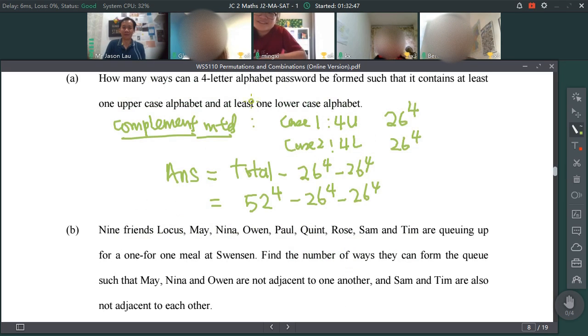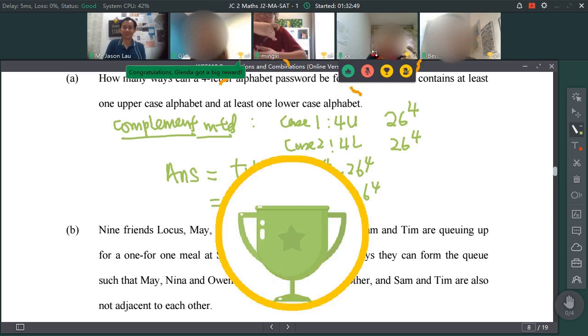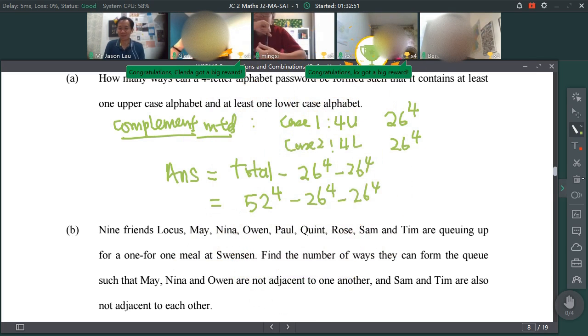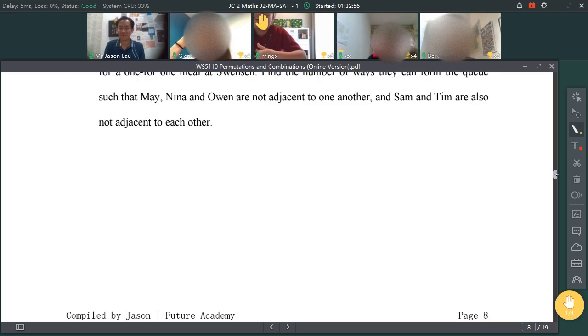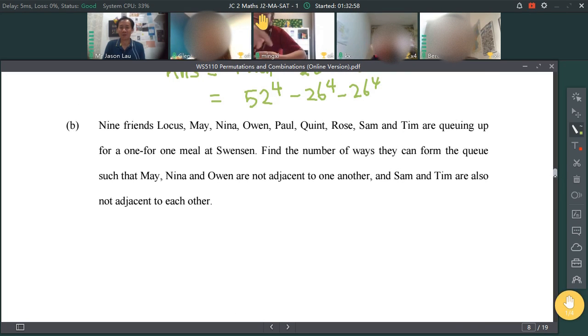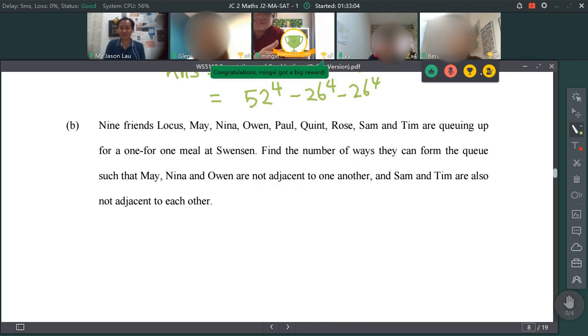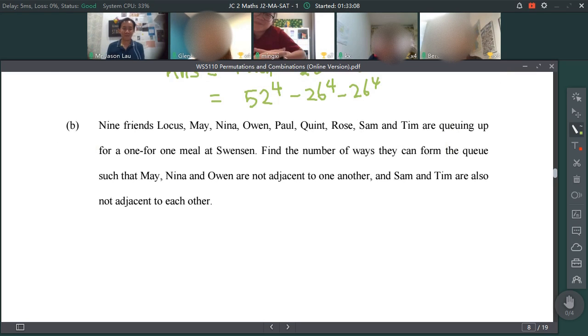Alert gets prize. Too slow. Penalty, take away trophy. No lah. I got a new top. Then this one she doesn't want to do it. Okay. Part B.